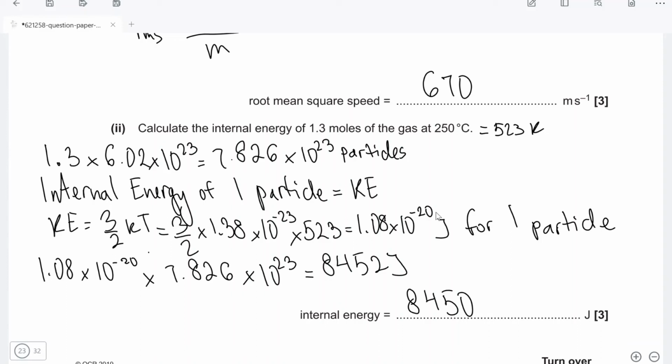So one particle has this much kinetic energy, and that's the entire internal energy of that particle because it has no potential energy, because it's part of an ideal gas. So if this is the energy for one particle, if we multiply that by 7.826 times 10 to the power of 23, we are going to get 8,452 joules, which is the correct answer.